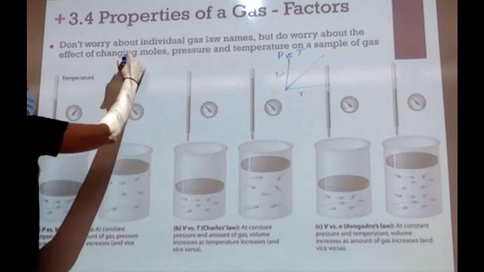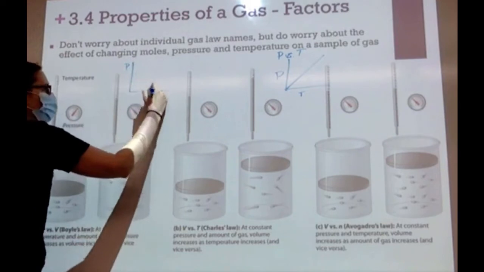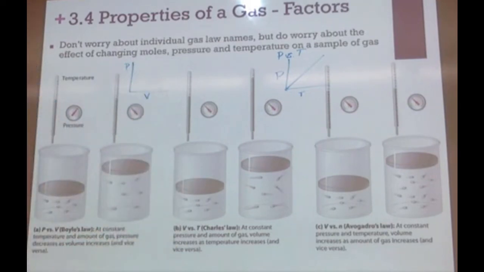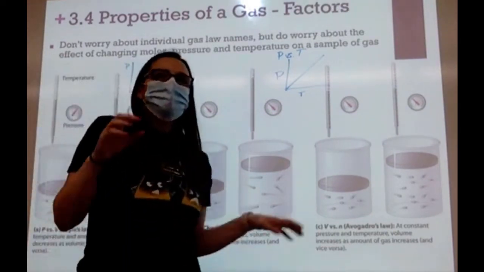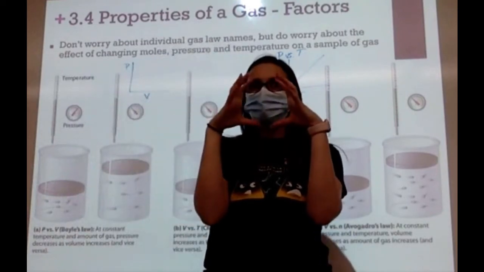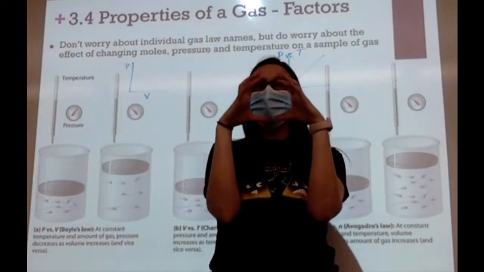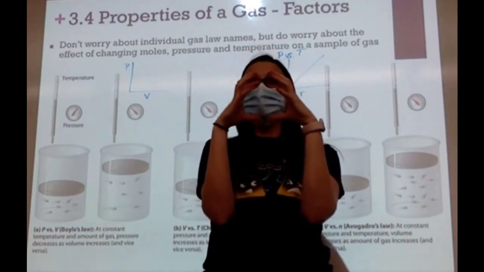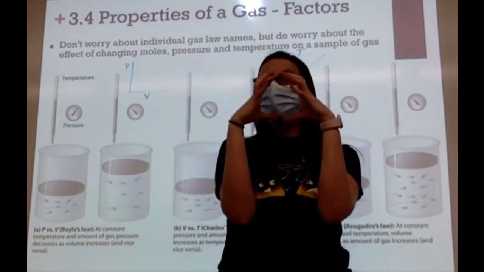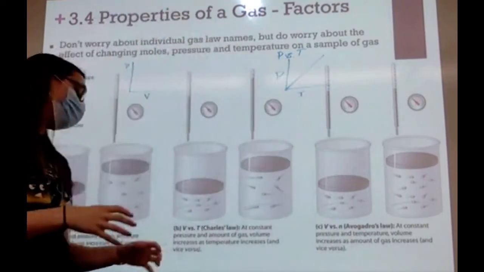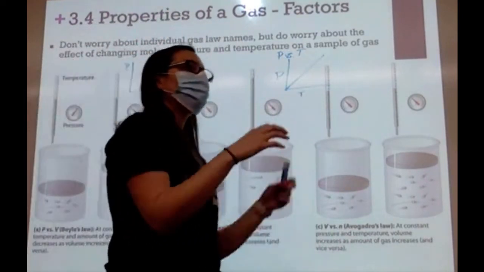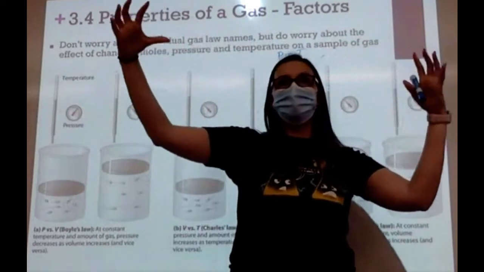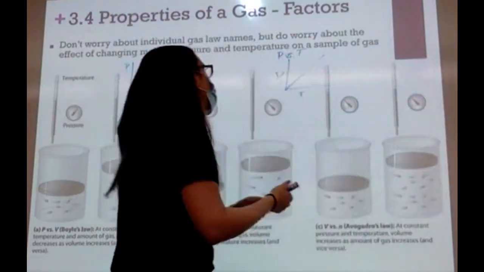Now, if we look over here at pressure and volume, in a very, very small container, what's going to happen to the number of collisions? They're going to increase. As we increase the size of the container, collisions are going to decrease.